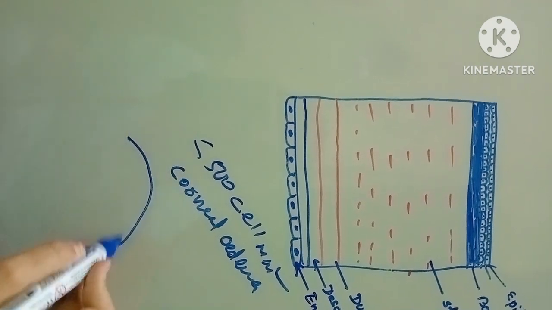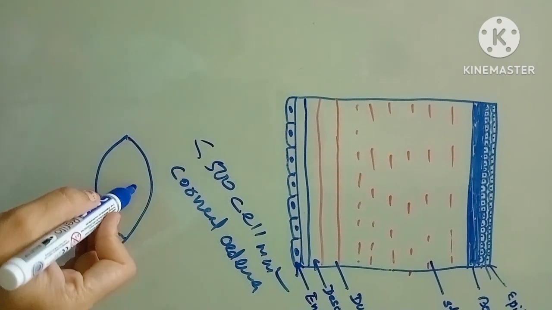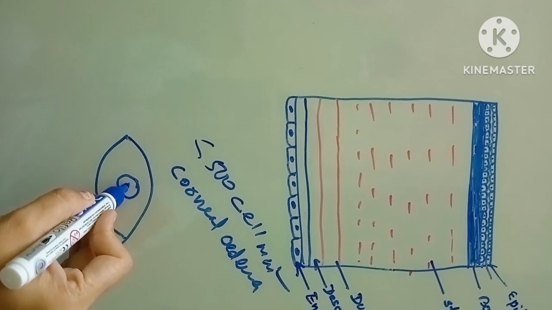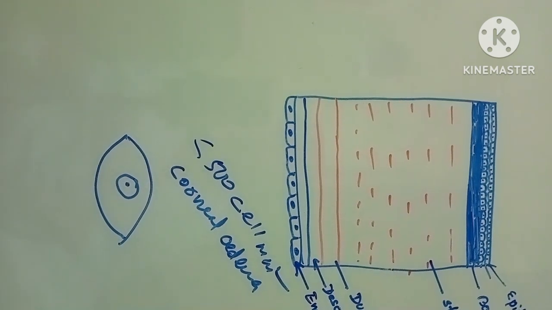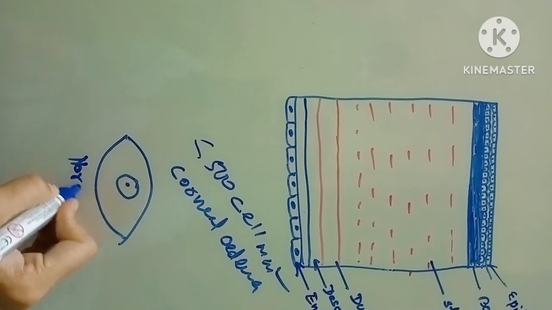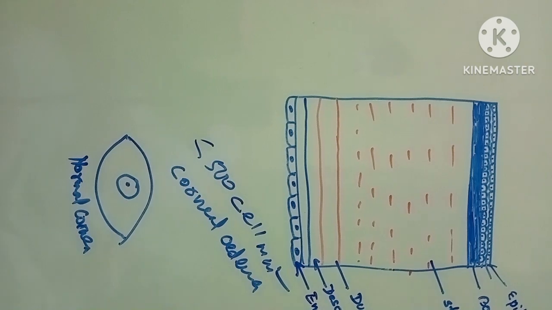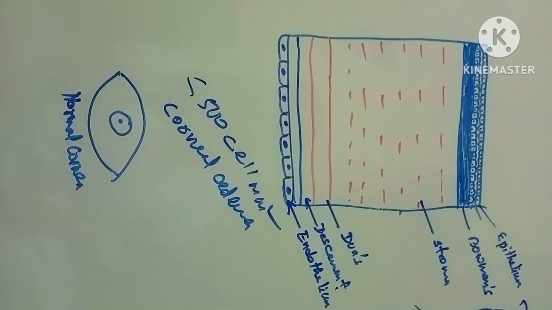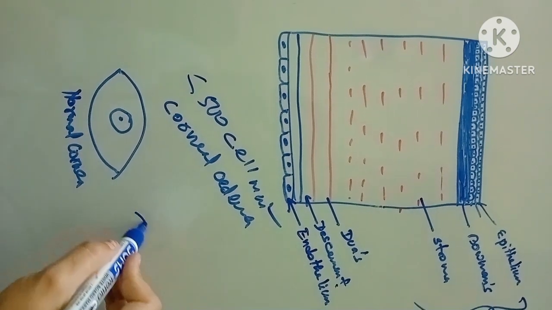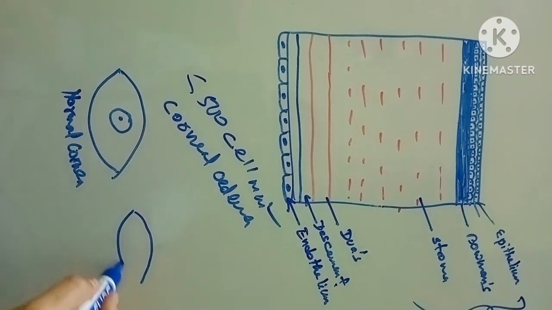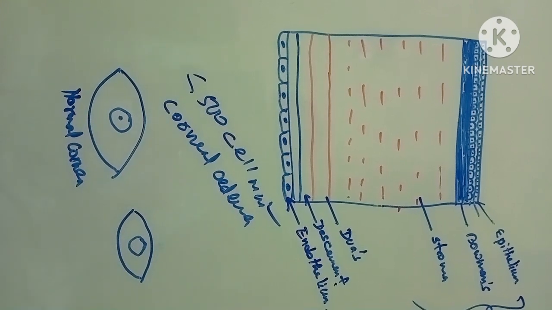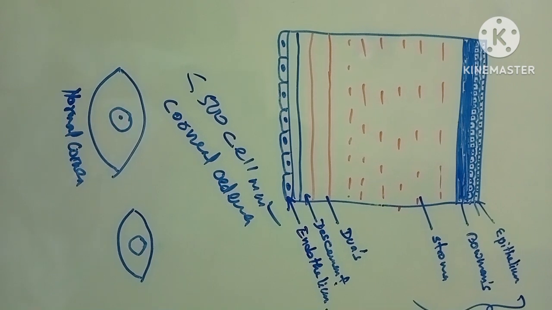Suppose this is a normal cornea. What happens when corneal transparency is lost and corneal edema occurs?